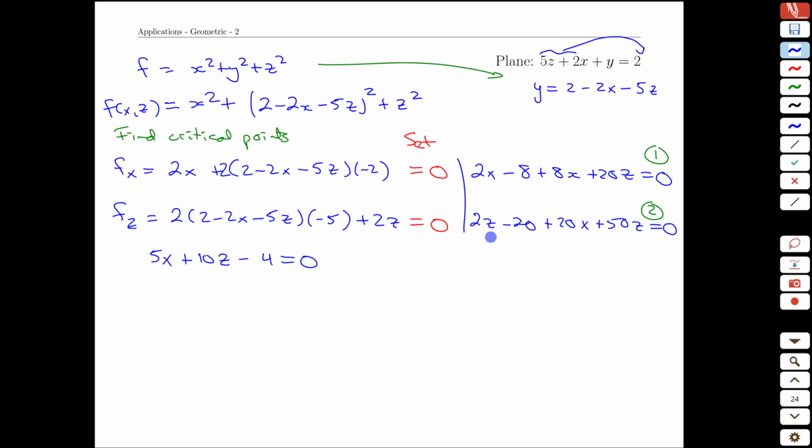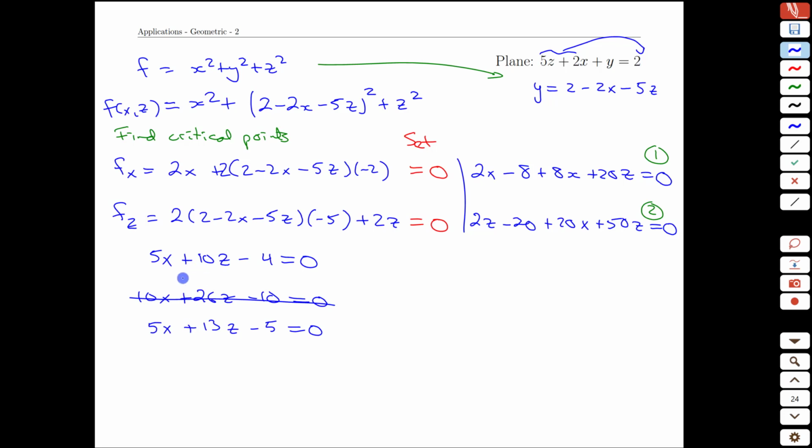The z's, we have 52z's. If we divide through by 2, we'll have 26z's. Divide through by 2, we'll have minus 10. And divide through by 2 for the x's, we will have 10x's. And in fact, this expression we can divide through again by 2 and actually have 5x plus 13z minus 5 equals 0.